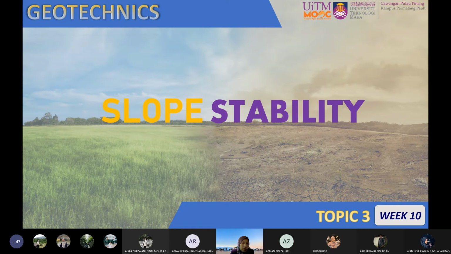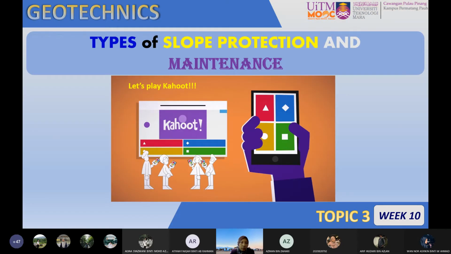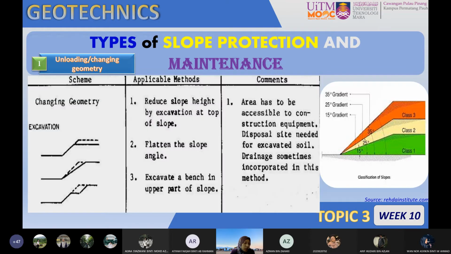It can be chosen using the simplest one or the difficult method. Okay, so we go to the first one, the method using unloading or changing the geometry.